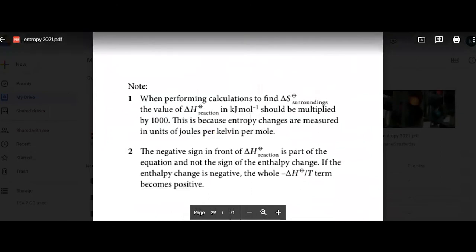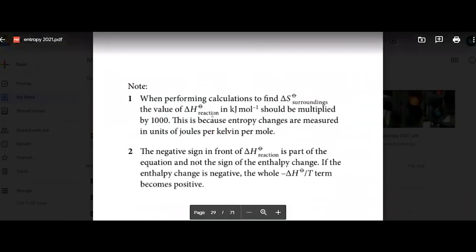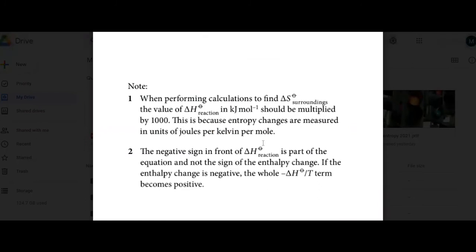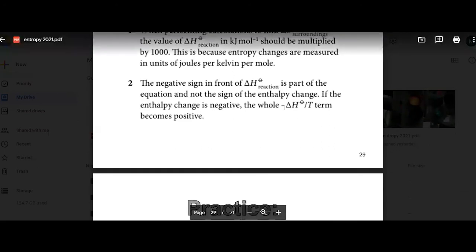So when we perform the calculations to find delta S surroundings, the delta H of the reaction should be multiplied by 1000 because we should convert kilojoules to joules. Once again, the negative sign in front of delta H is part of the equation and not the sign of the enthalpy change. So if the delta H is negative, the whole negative delta H over T will be positive, because negative, negative.